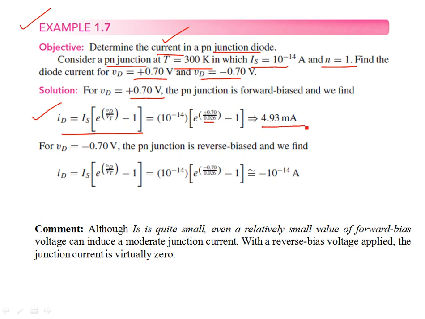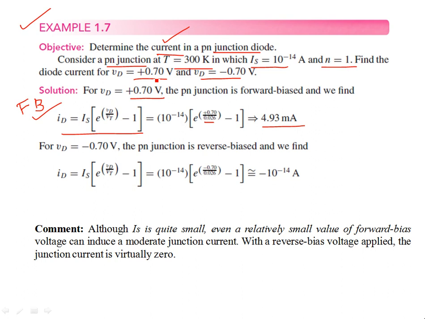The first case is for the forward bias junction, and VD is greater than 0, a small voltage. It's just enough to eliminate the effect of the barrier, which is halting the process of diffusion of charge carriers across the junction.